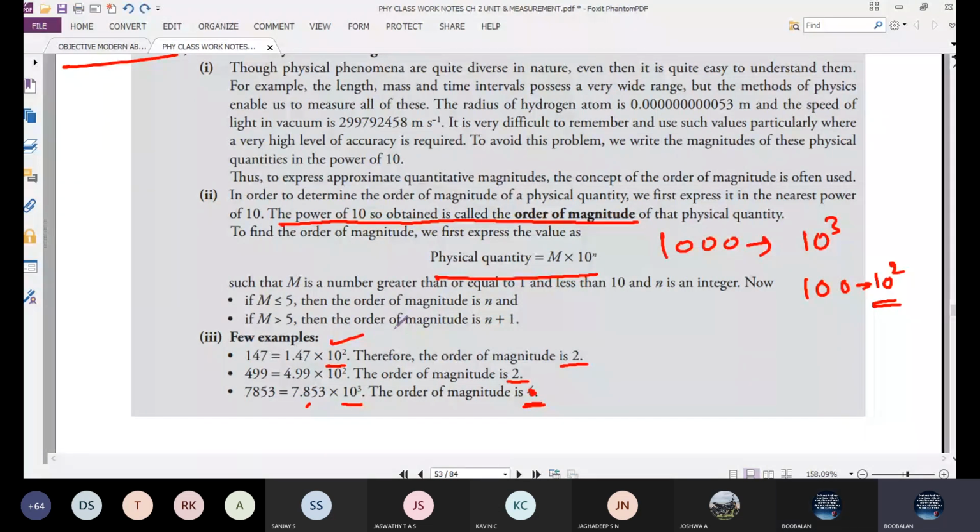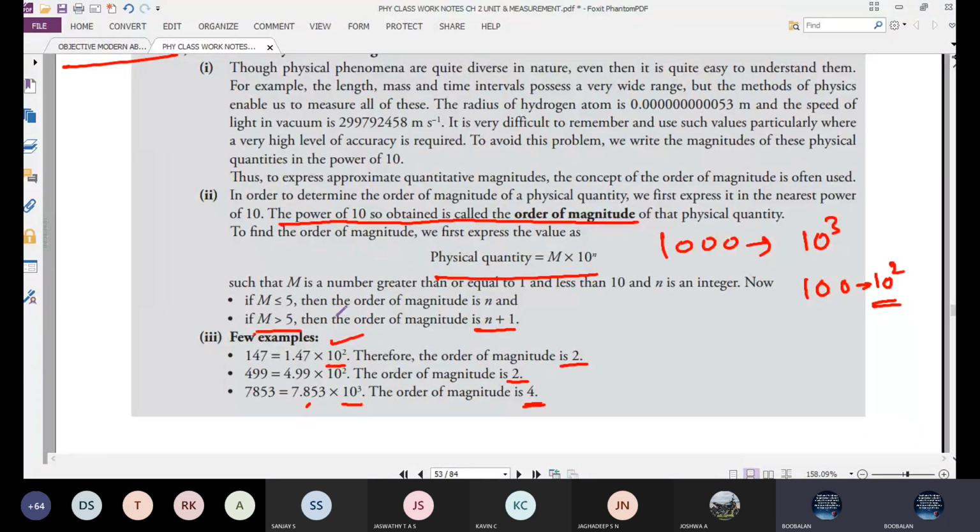Listen, if the m value is greater than 5, see here, m value greater than 5 means n plus 1. M value less than or equal to 5 means directly you can take n.